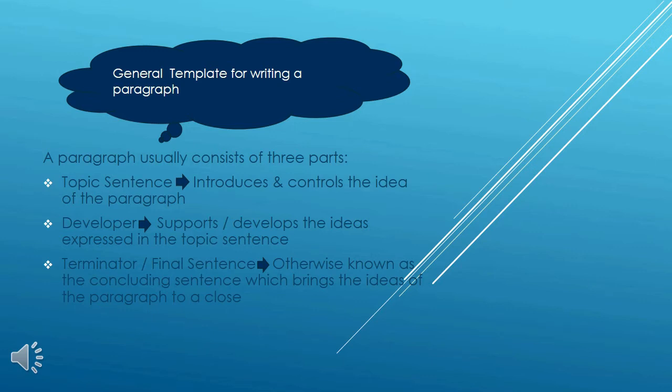It also reflects or regenerates the ideas expressed in the topic sentence, because topic sentence is finally confirmed by the terminator. So, these are all in the general template portion. You have to be keeping these 3 points while applying your paragraph on this general template.